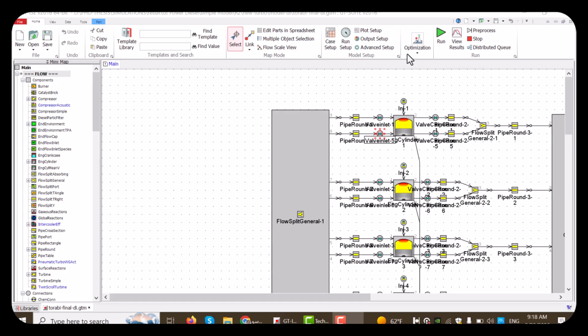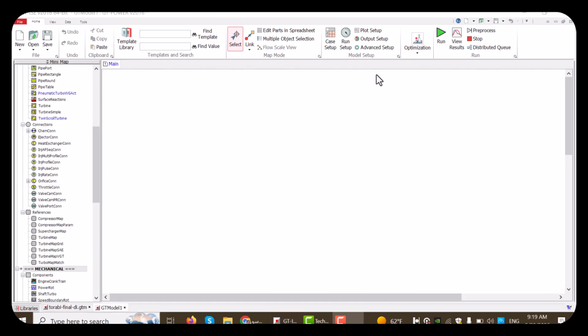Okay, how are valves modeled in GT-Power? Here we have 2 intake valves and 2 exhaust valves. You can import the valve from connections, valve cam connection.